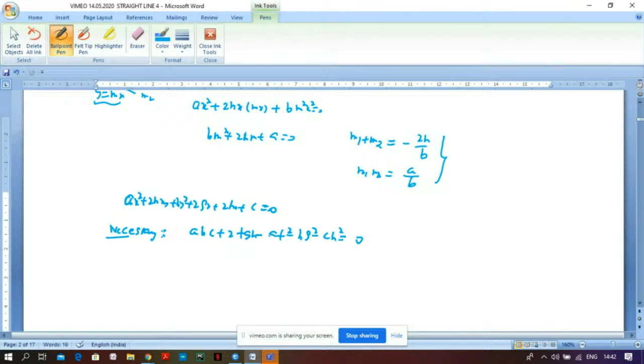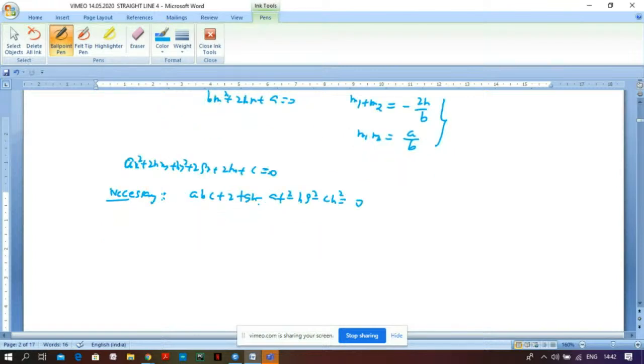This equals 0 because this is the condition that you get when you arrange it as a quadratic expression in x. That is ax squared, and you take all the terms of x together. So let me write it again.